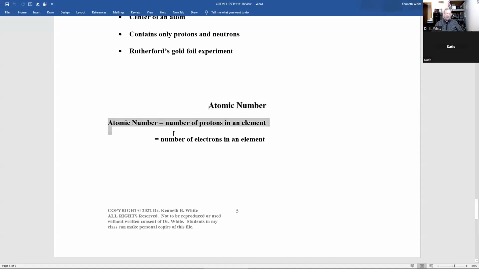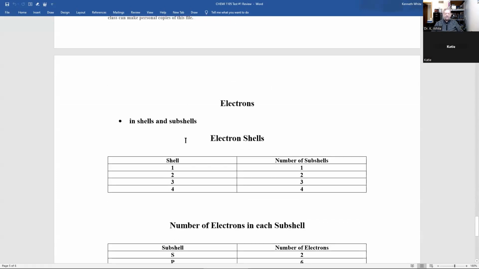And as I say here, you should know the atomic number gives you the number of protons in an element and the number of electrons in an element. If I ask how many protons and electrons are in carbon, the atomic number was 6, so that tells you it has 6 protons, 6 electrons.